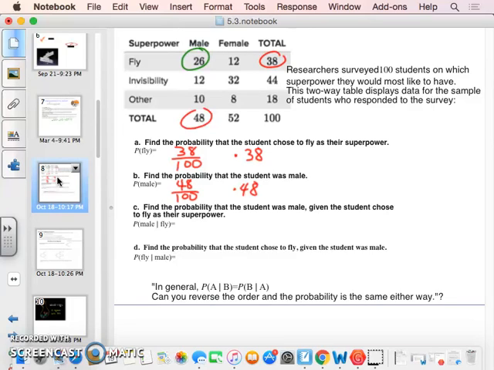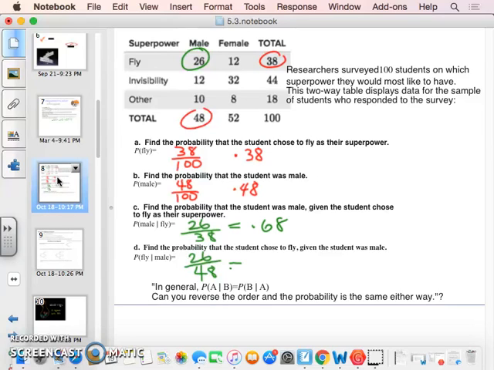26 out of the amount that like to fly, which is 38. And now we're going to look at the opposite, which is the probability that they fly given they're male. So this would be 26 out of 48. Okay? And this equals 0.68.